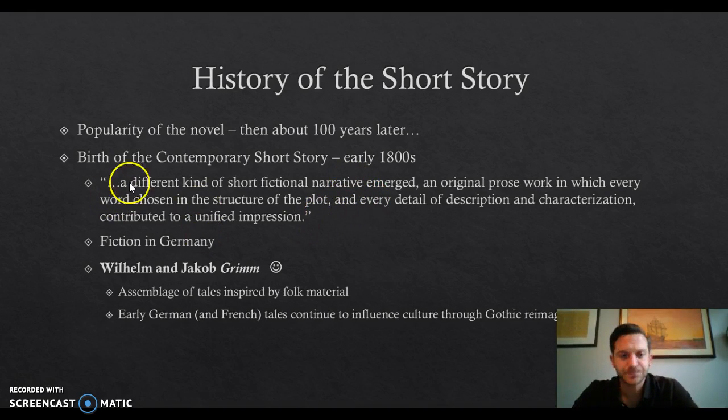But this effort to build a unified impression is very much that fork in the road that led us to the contemporary short story. We're going to talk about geographical, social influence and importance in a minute, but you know what, we'll do it now.